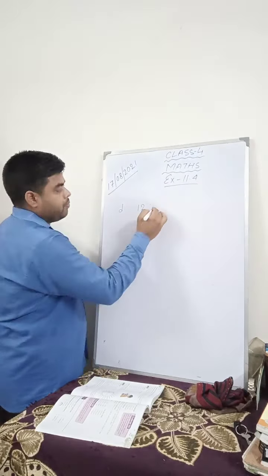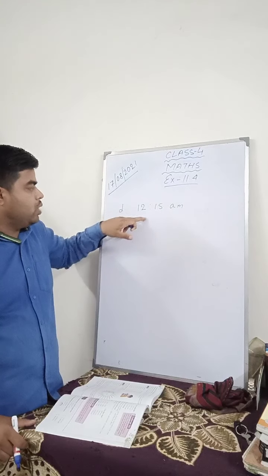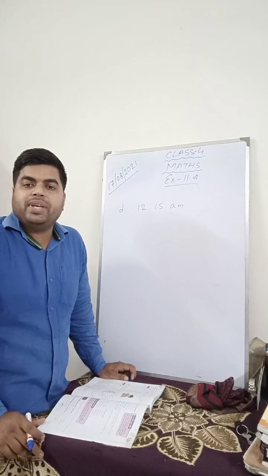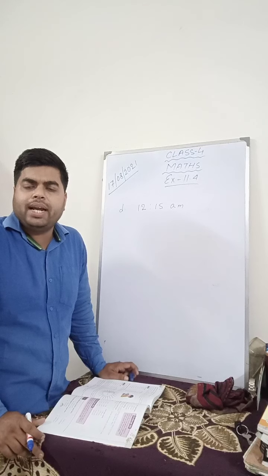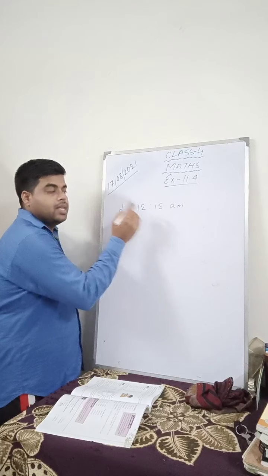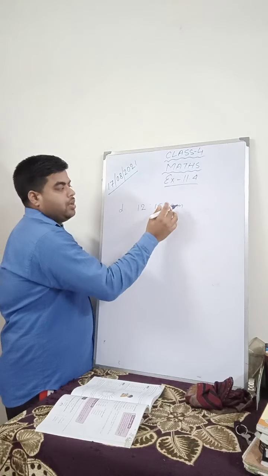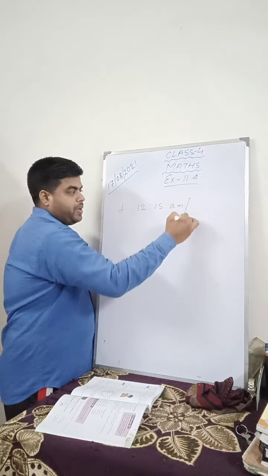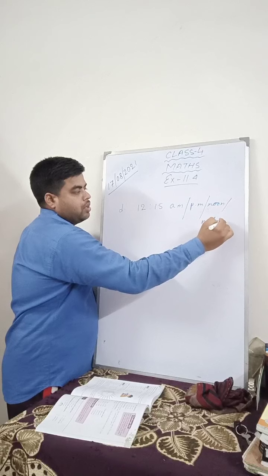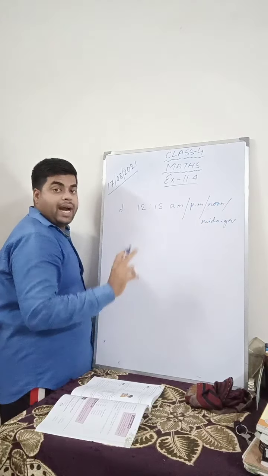If in the hour place you see 12, no matter if it is AM, PM, noon or midnight, you will always add only 0, 0.